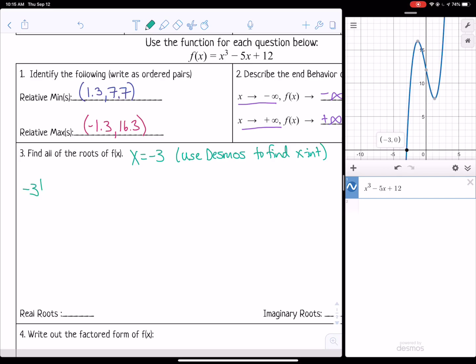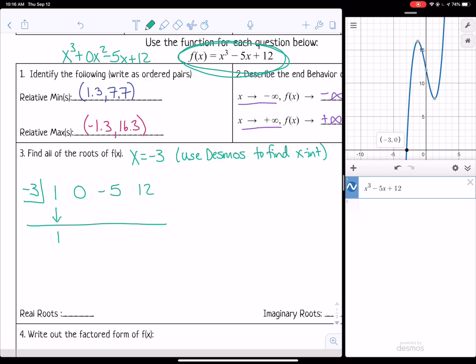So we can use -3 to do synthetic division now. Our original function at the top of that page is x cubed minus 5x plus 12. So you want to think of it as x cubed plus 0x squared minus 5x plus 12. So let's put 1, 0, -5, and 12.